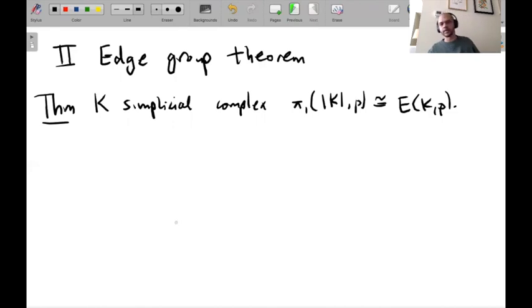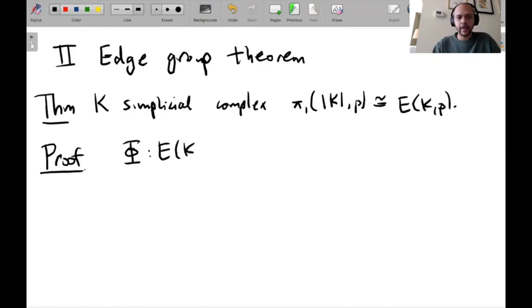Okay, so we've used this theorem and referred to it a lot at this point, but now we can discuss the proof. And the proof is not bad if you know the simplicial approximation theorem. So we're first going to define a homomorphism in one direction from the edge group to the fundamental group.